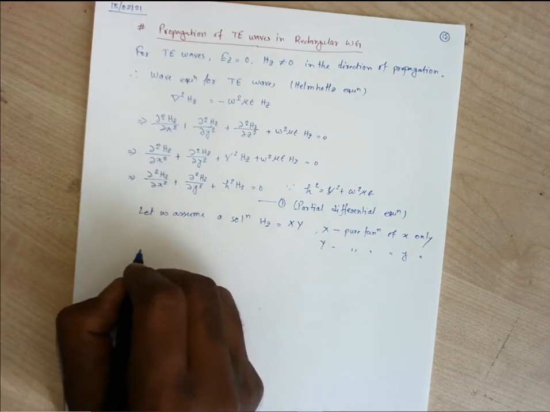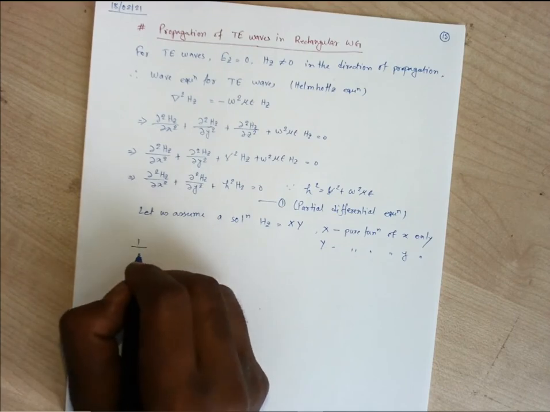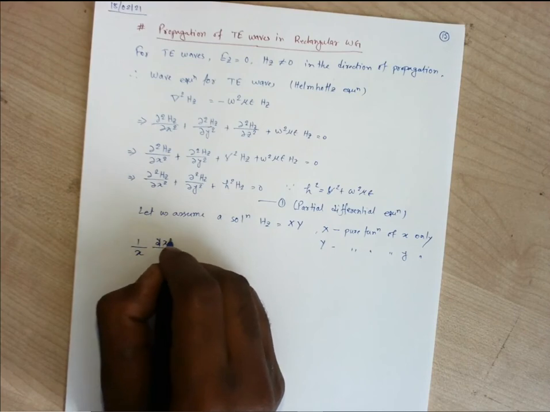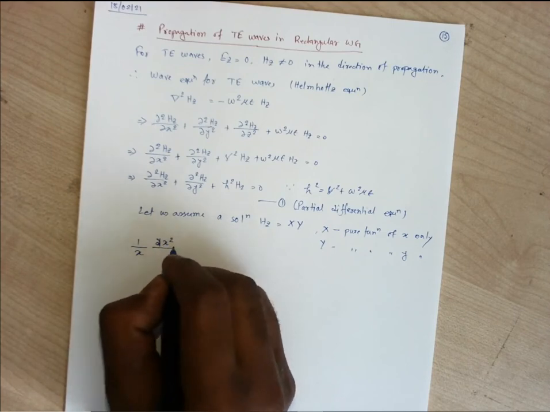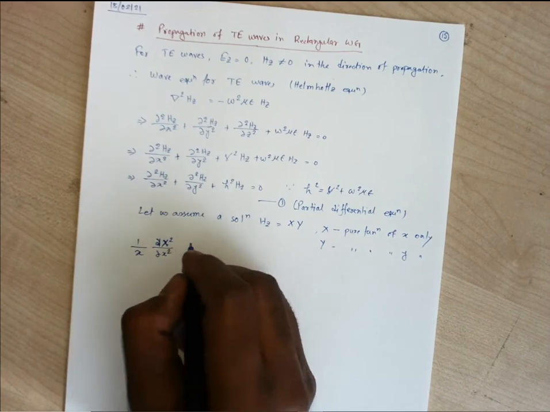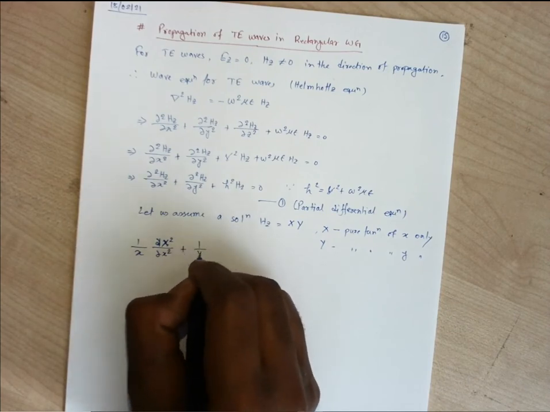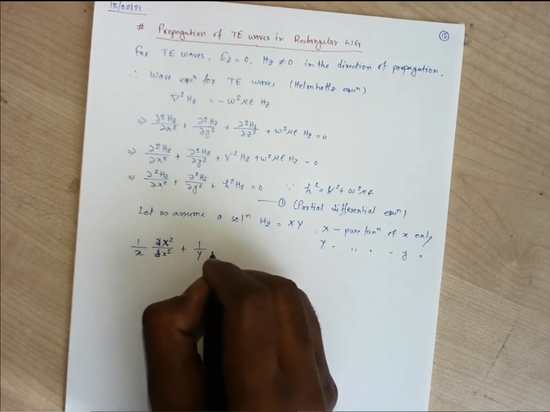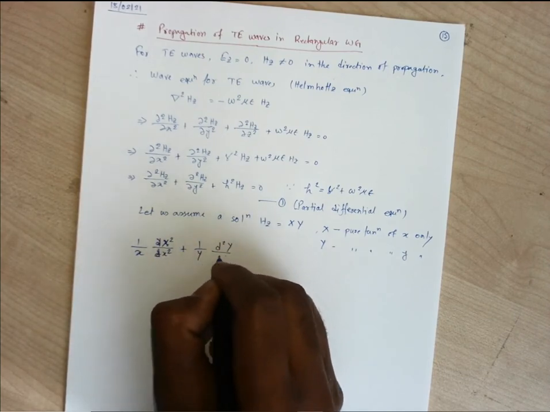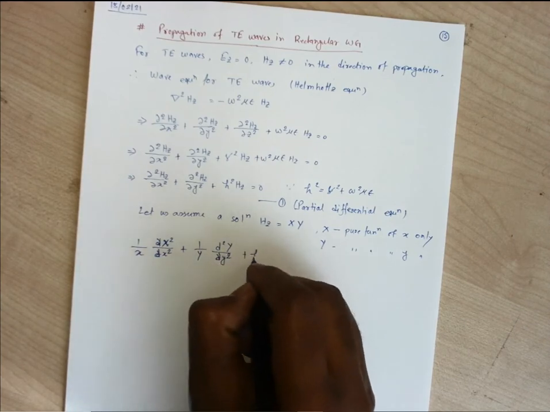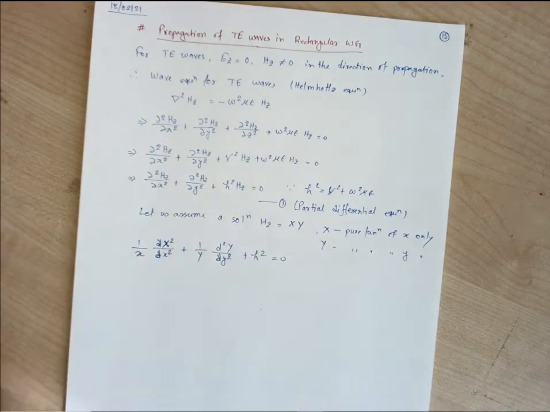I am just skipping some steps. 1 by X d2X by dx2 plus 1 by Y, it is not a partial, now it is a direct derivative, d2Y by dy2 plus h square is equal to 0.